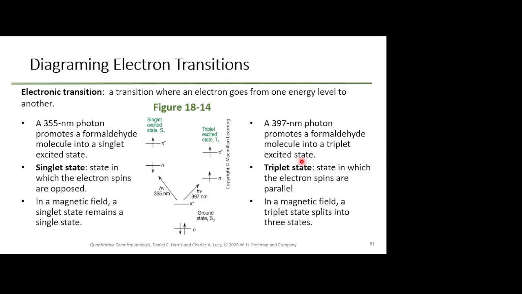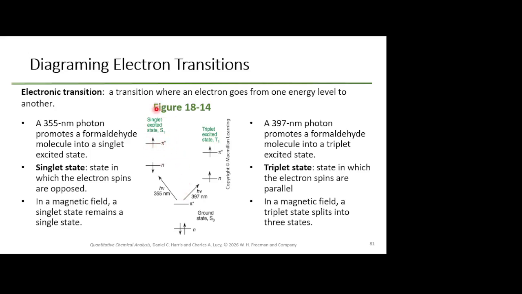So this is electronic transition, where an electron goes from one energy level to another. For example, you see some examples here. This is going to change between a singlet excited state and a triplet excited state. A 355 nanometer photon will promote the formaldehyde into a singlet excited state.